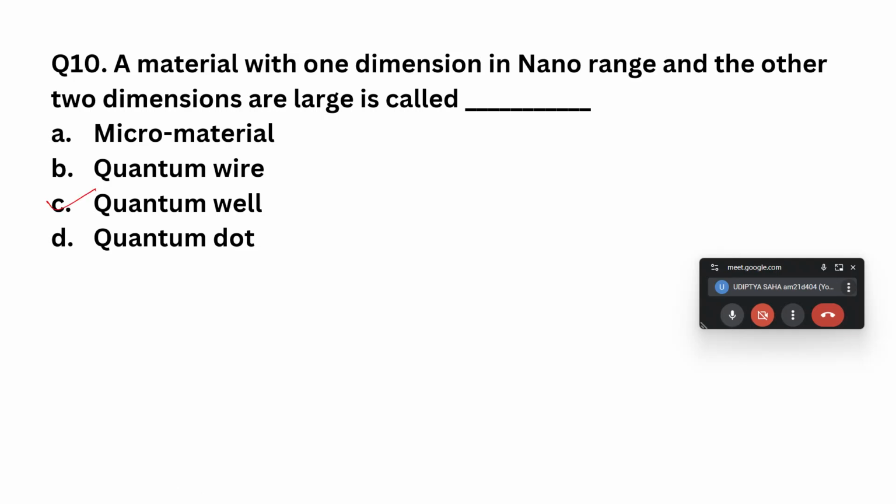The material with one dimension in nano range and the other two dimensions large is called a quantum well. A quantum well will have only one dimension in nano range. A quantum dot will have all the dimensions in nano range.